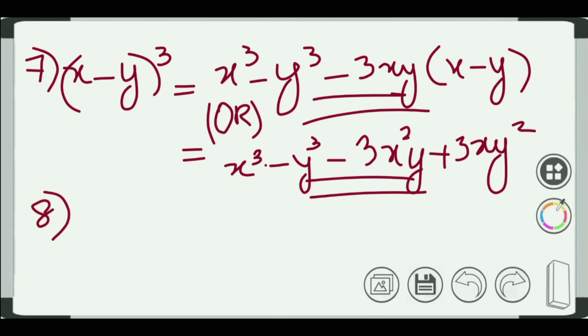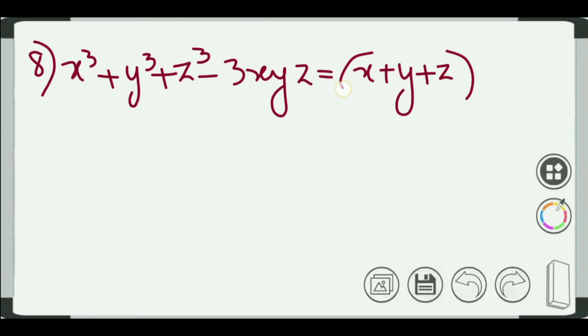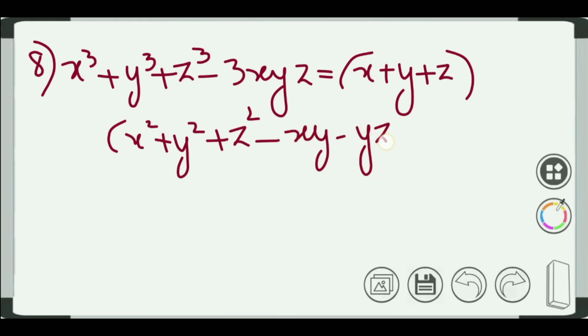Eighth identity, x cube plus y cube plus z cube minus 3xyz is equal to (x plus y plus z) into (x square plus y square plus z square minus xy minus yz minus xz). Okay. So other than these 8 identities, we have studied 2 more identities.